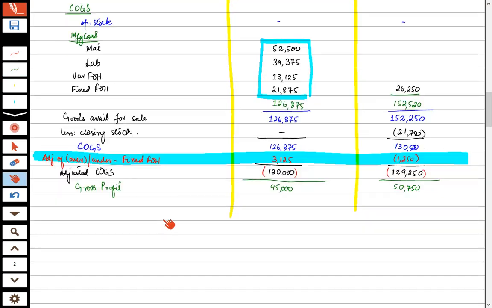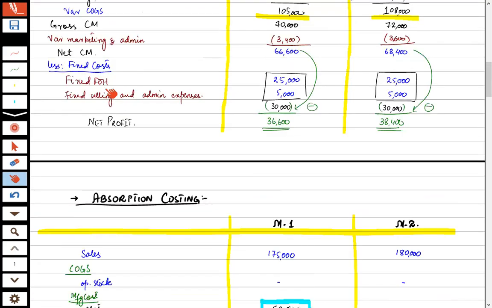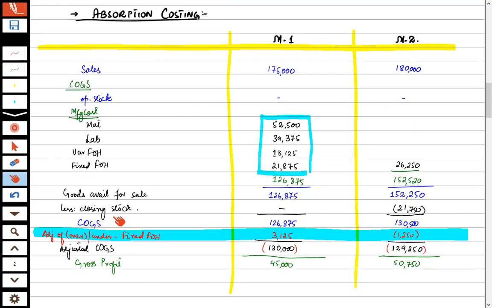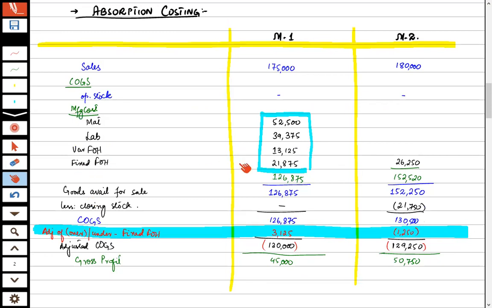Now in normal accounting, if we have calculated gross profit, we will deduct all the selling and admin expenses. Now here we will deduct both fixed. Since we have taken the fixed FOH manufacturing as part of product cost, we will not deduct it here.